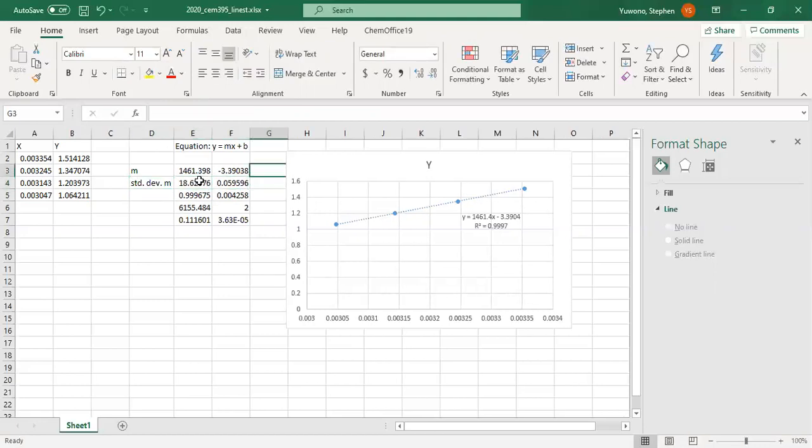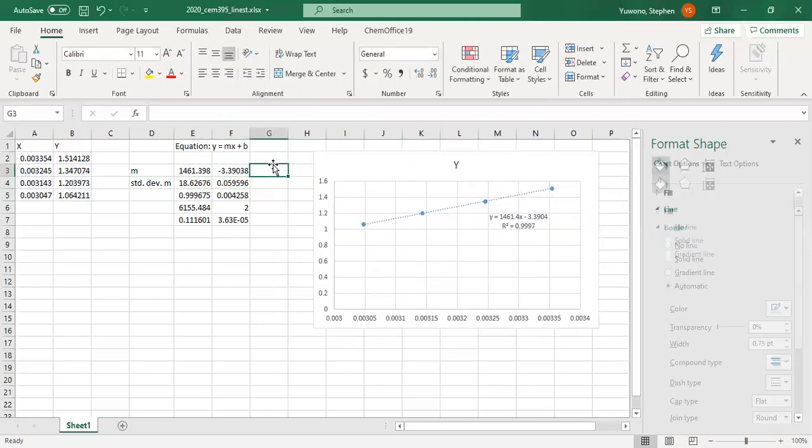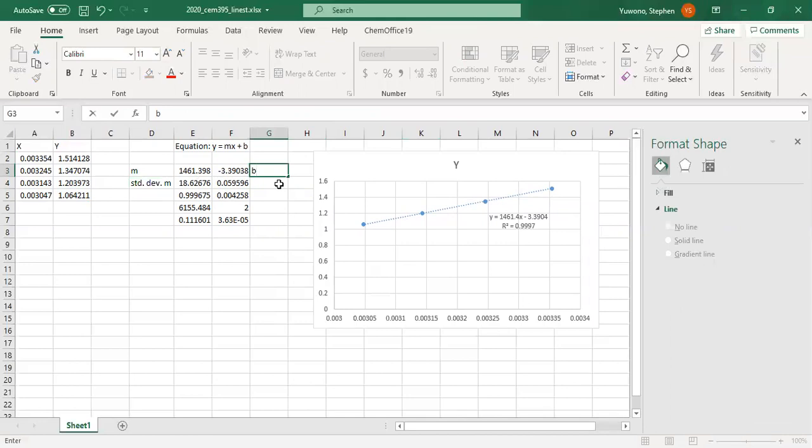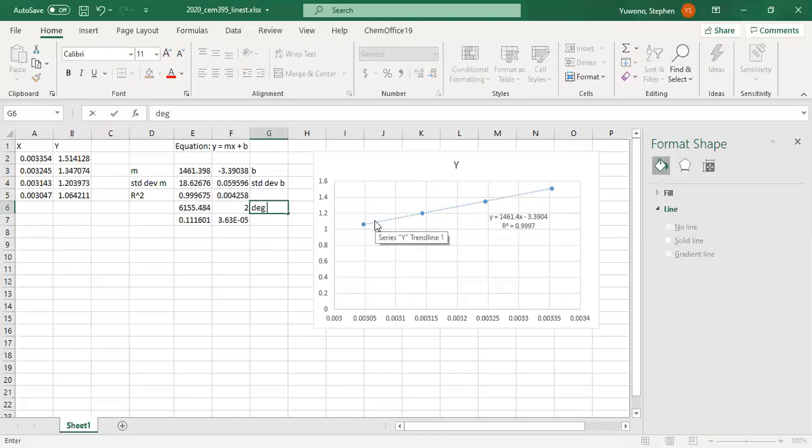And by the same token, you can recognize that this is your intercept, B, and this is the standard deviation of B. So let's do that for consistency. And you will see that here, this is your R square.